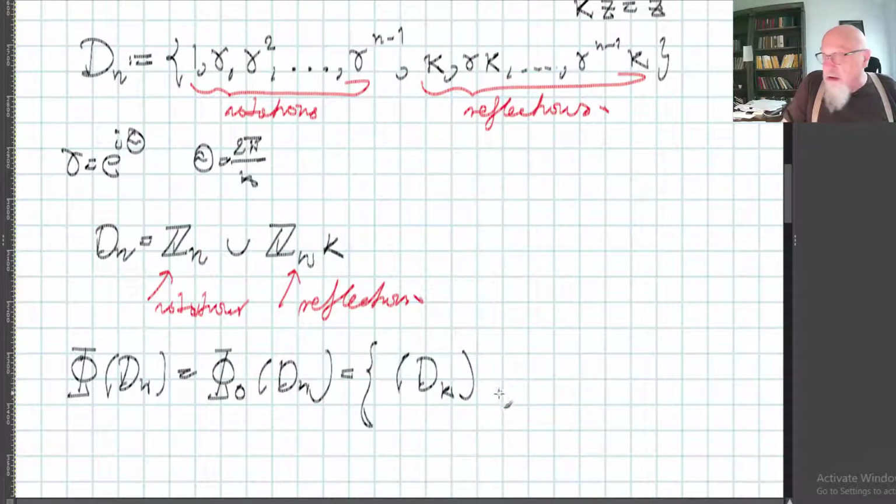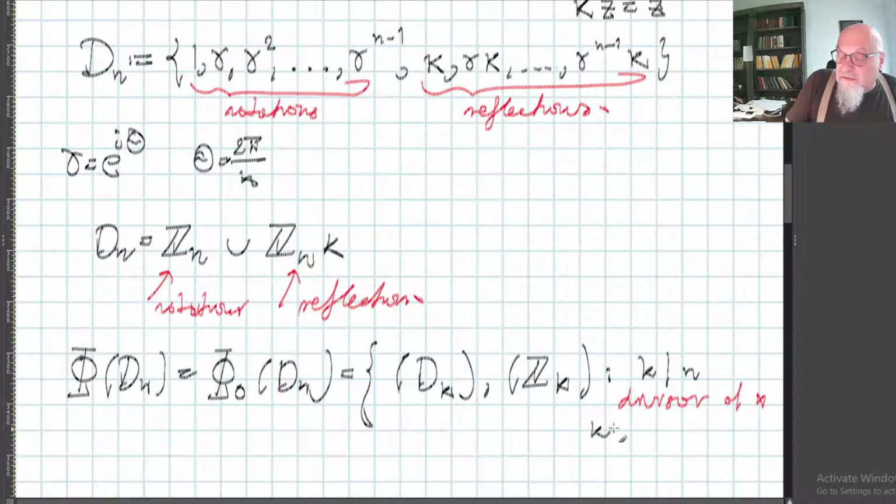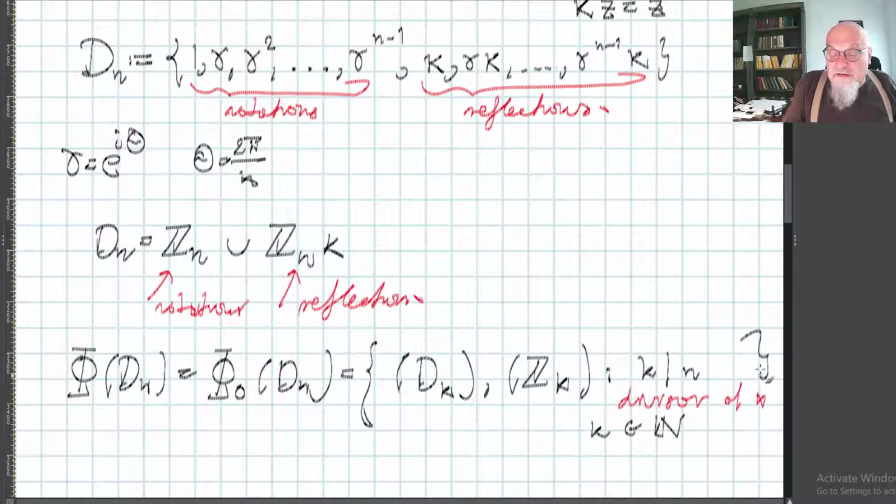And then you have the subgroups Zk, and in this case k must be a divisor of n, and of course k can start with 1. So those are the conjugacy classes.